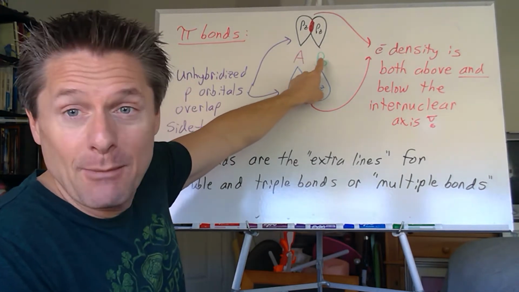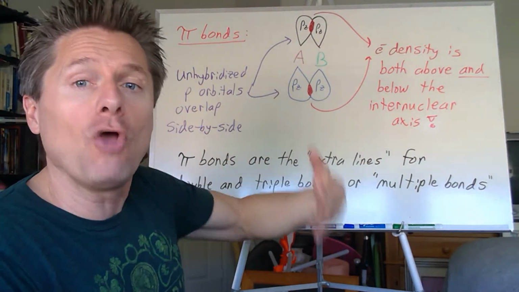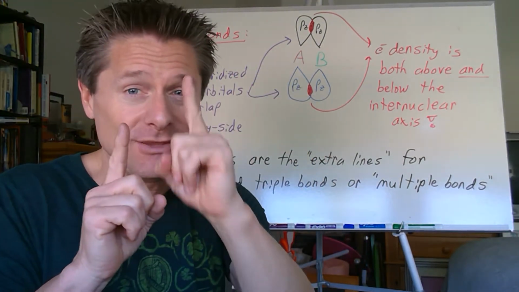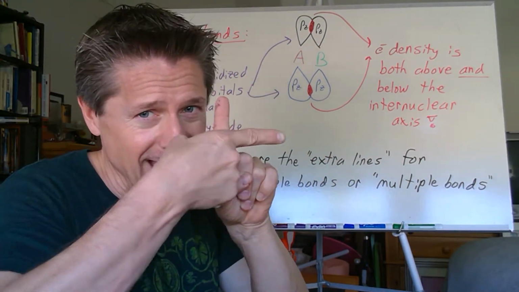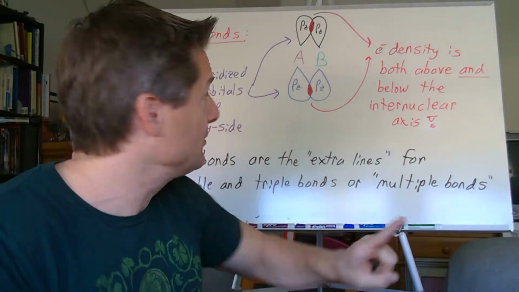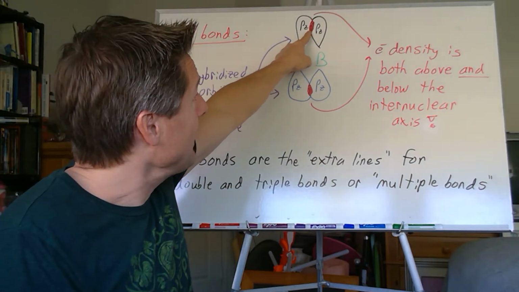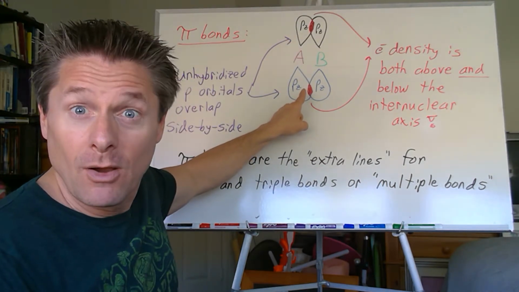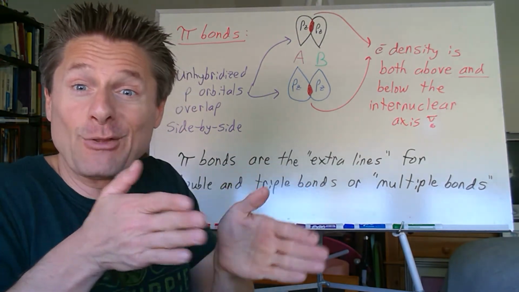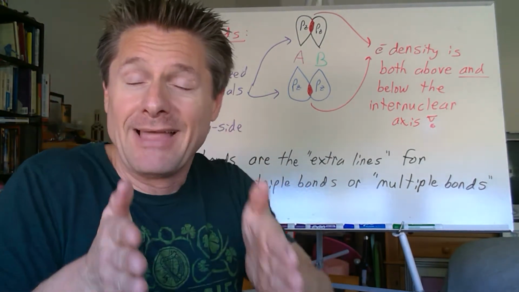So let's say atom B, right next to it, also has an unhybridized pz orbital. They have to be in the same axis. You can't have a pz and a px. They have to be parallel to each other. Do you see that side-by-side overlap right there? It's like a collision with two cars, but you're traveling on the freeway together and you kind of bump. That happened to me once.